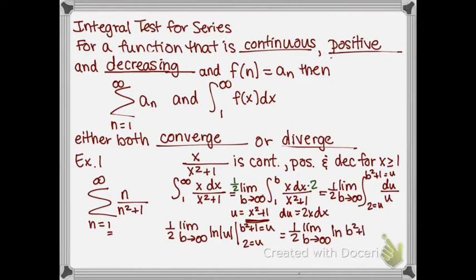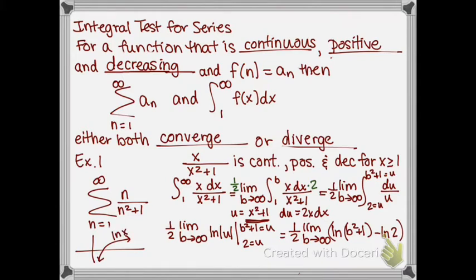Don't need absolute value because that function is always positive. Absolute value would be fine, just unnecessary. Minus ln of 2. Okay, let's think about the function ln of x. Well, the function ln of x is an increasing function, always.